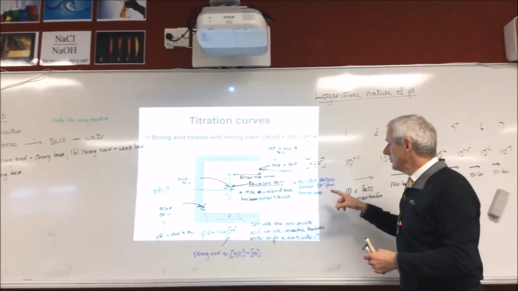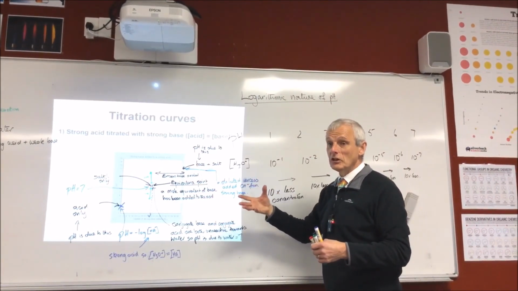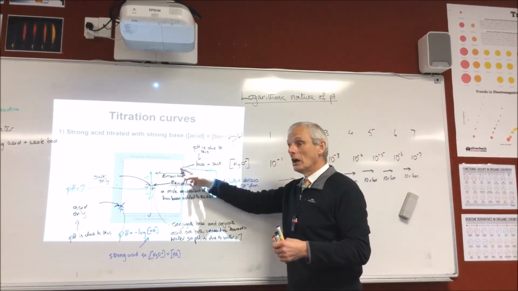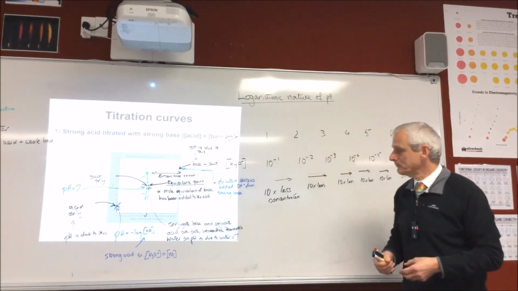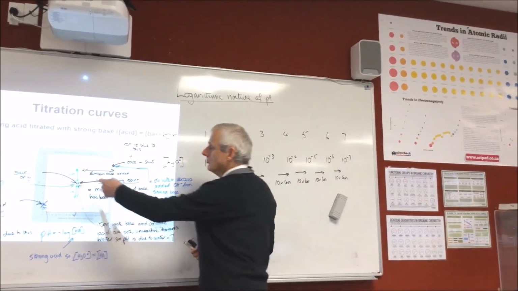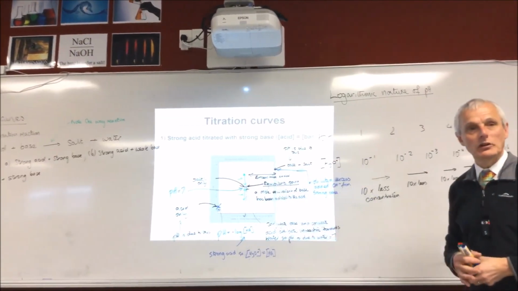That will give you the concentration of OH- in the flask at this point, and then you can use that to calculate the pH. So you can then draw a curve and draw it up there. So these things are actually quite straightforward with a little bit of practice.